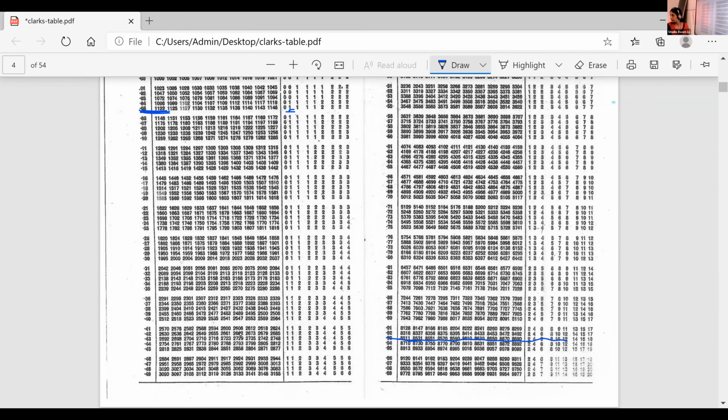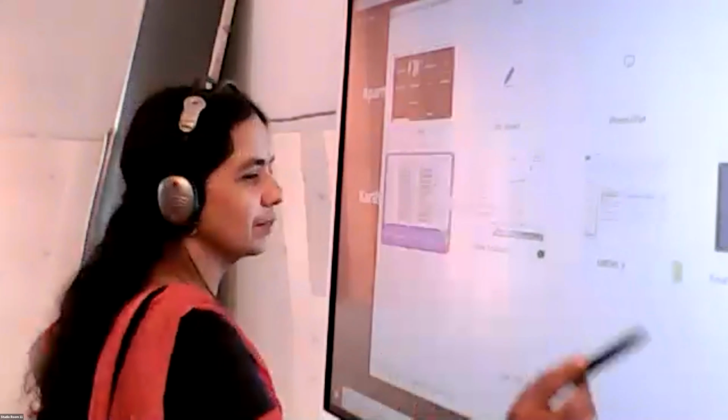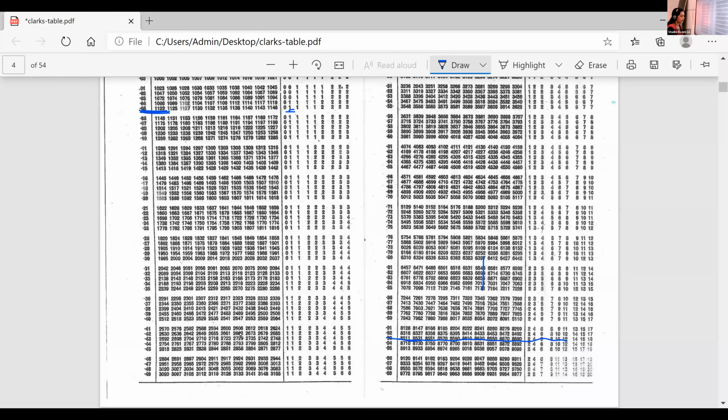So what will you get? Is it 8638? Once again, 96. Here 6 means the value is 8630, and here 4 is 8. So 8638 is the correct answer.